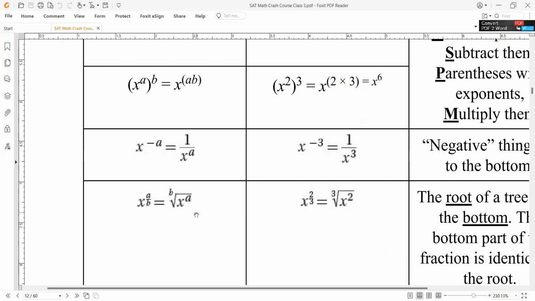You just need to do an operation of b. I don't know how to make it sound right: bth root of x to the power a. If it was written x to the power a divided by n, then we say nth root of x to the power a.